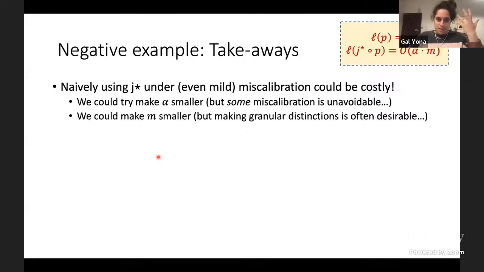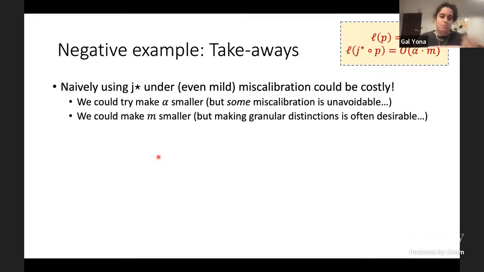So what are the takeaways? The point is that naively using J star, even when the miscalibration is mild, could be bad. This suggests two natural things you could do. You could try to make alpha smaller, do your best to really calibrate the model. But at the end of the day, some amount of miscalibration on the target distribution is unavoidable, just due to generalization.